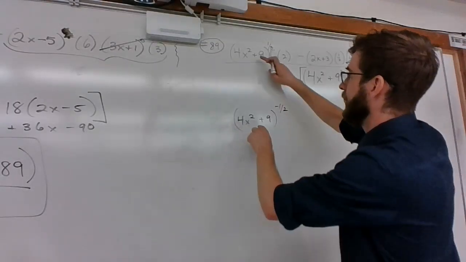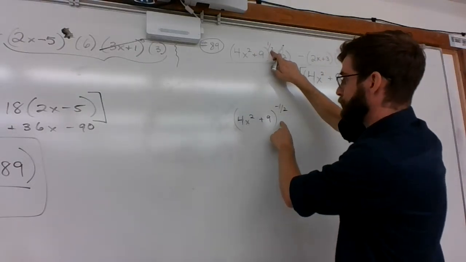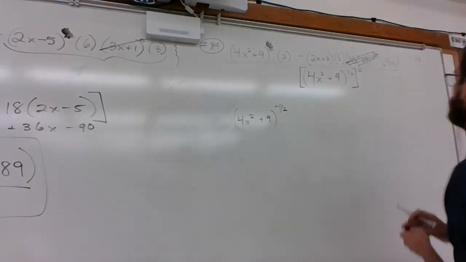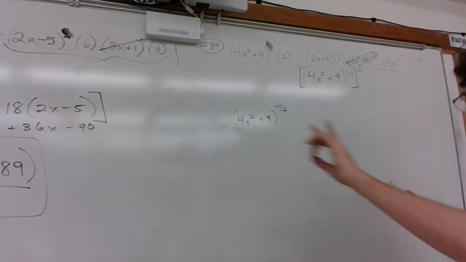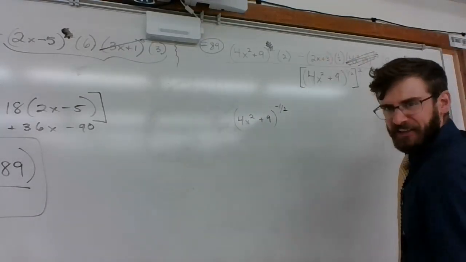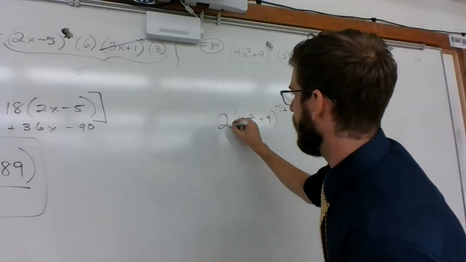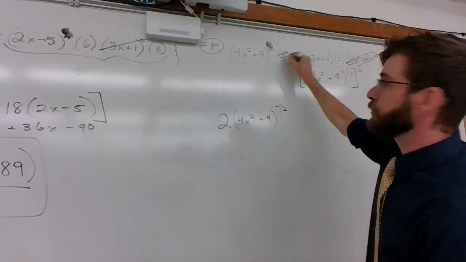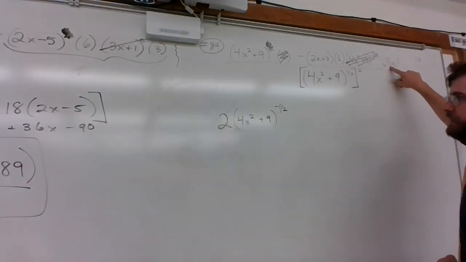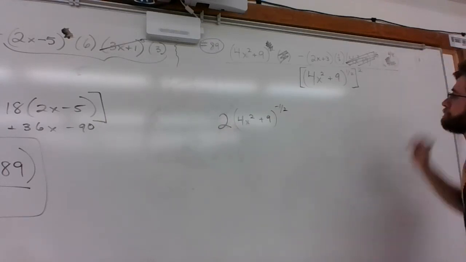And division here means the same base, 4x squared plus 9, and then you subtract the exponents, leaving you with 1 left over. And there's a 2 here, and a 2 there with my 8x. So I can factor this 2 out and say, well, that 2's gone. I factored it out. And then this 8, you just say it's 8 divided by 2. So that gives me 4x.